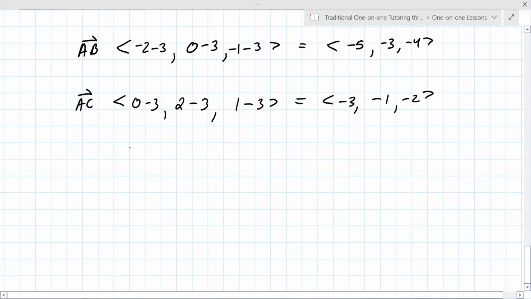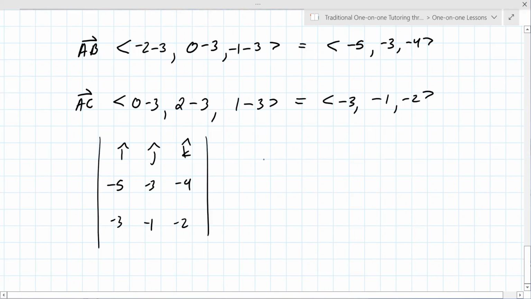All right, so we got I, J, and K, minus 5, minus 3, minus 4, minus 3, minus 1, minus 2. So same thing again here. You get 6 minus 4, minus J times 10 minus 12, plus K times 5 minus 9.